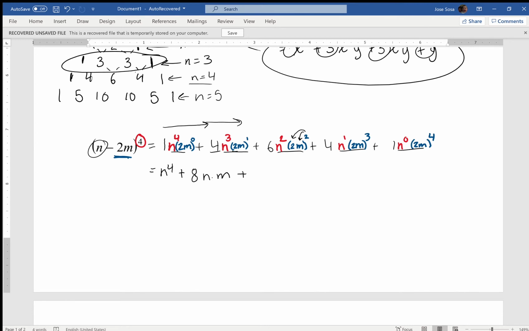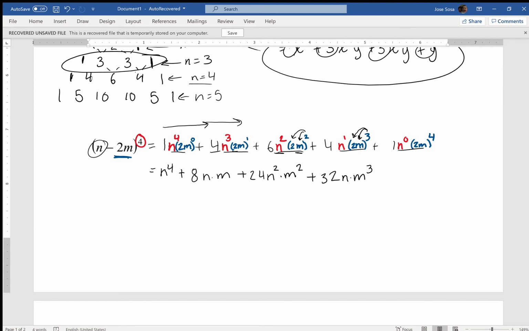So we have 2 to the second power, which is 4, times 6, which is 24, n squared times m squared, because those are the only two parts of my term there. All right. Distribute this exponent. Okay, so we have 2 to the third, which is 8, times 4 is 32, n to the first power times m to the third power.